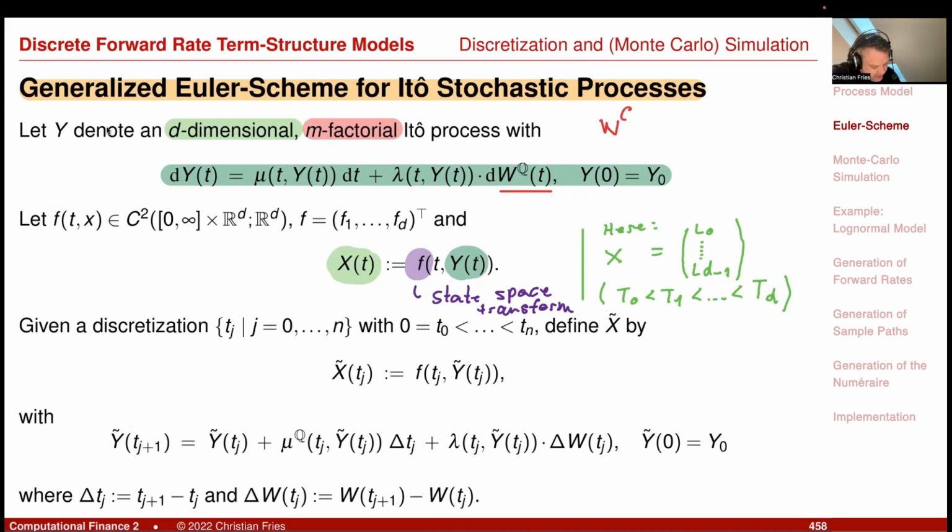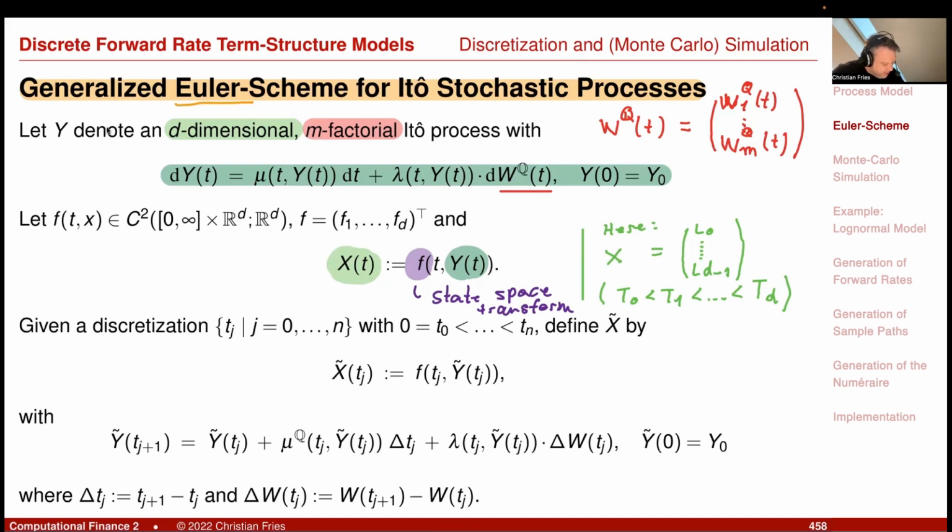So my W is also a vector. So it's a W1, W2, and there we used the index m for the number of drivers. And m could be smaller. My discretization of the process y is the Euler scheme.